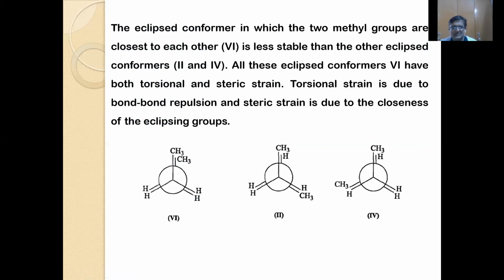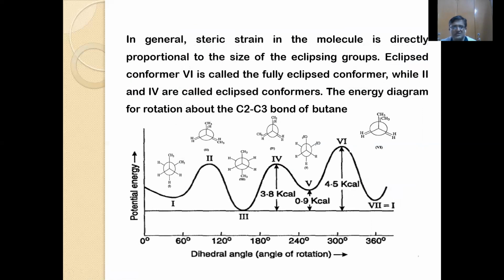So that's why the eclipsed conformation is always unstable than the staggered conformation. So in the energy barrier curve you can see here the first, third and the fifth one. The third one, when you see this, is almost zero potential energy.